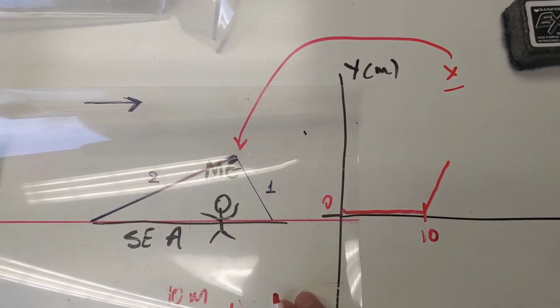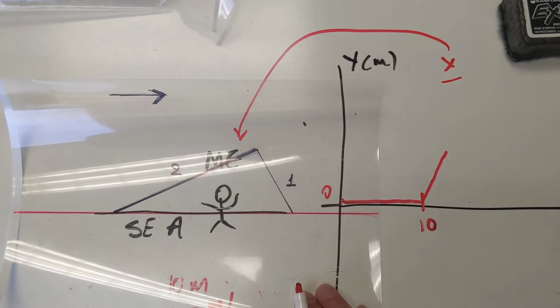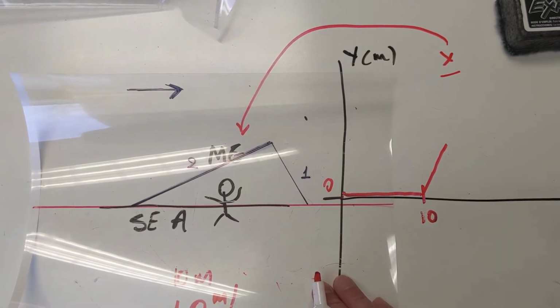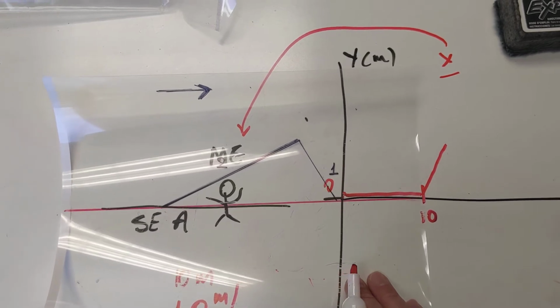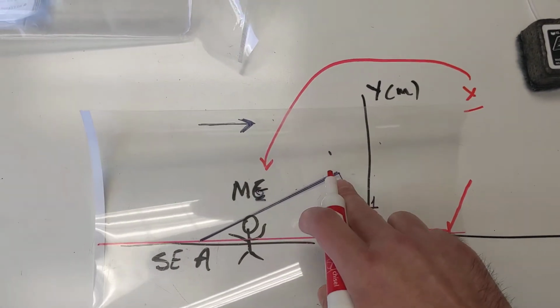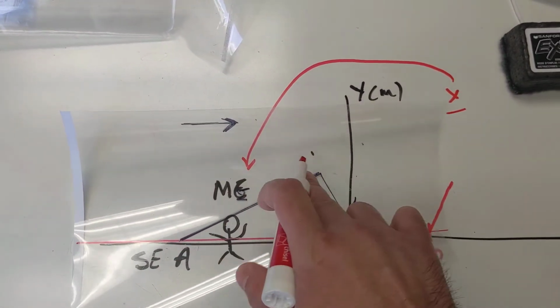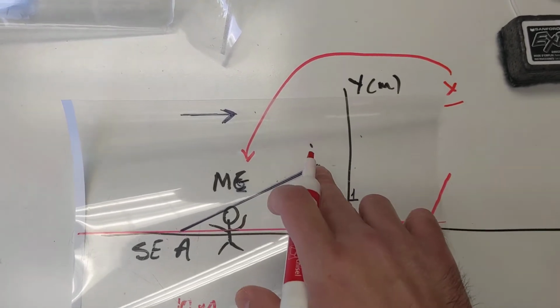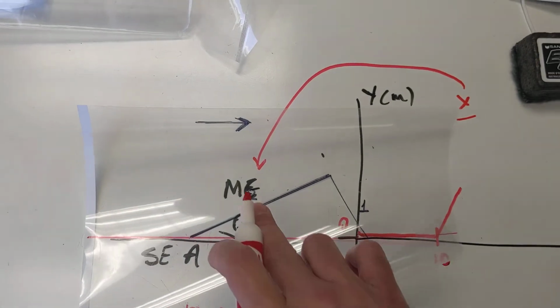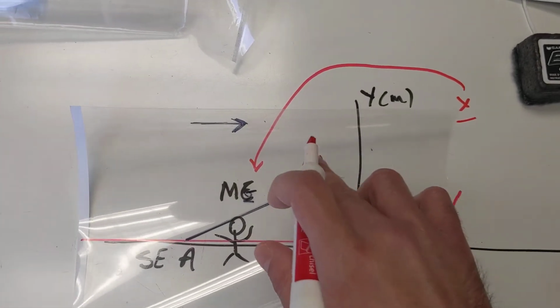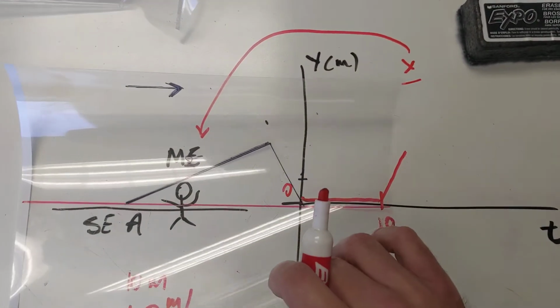And now as the wave continues to move to the right, my y value, my height, keeps getting smaller and smaller. But you can see though, the shape of the wave here is not the same as the shape of the wave there. It will take me much more time to go down to y equals 0, because this part of the wave is much longer.